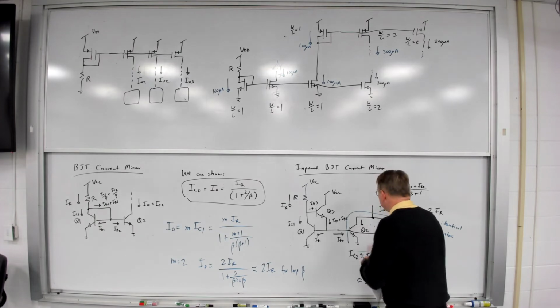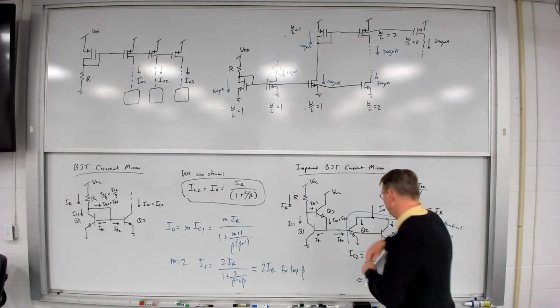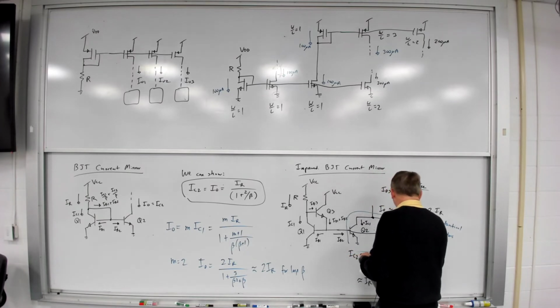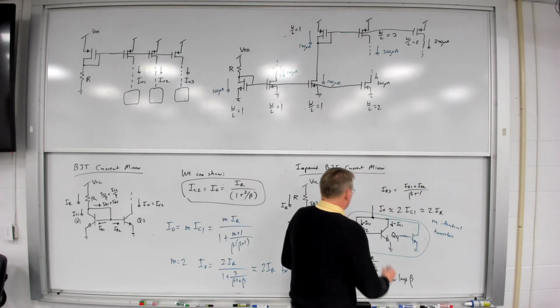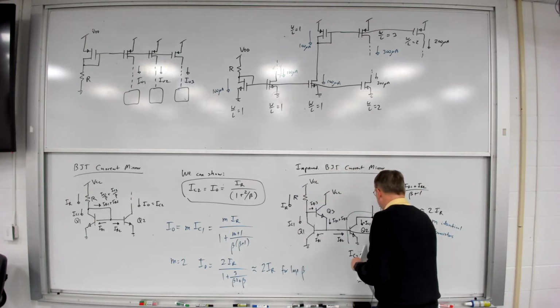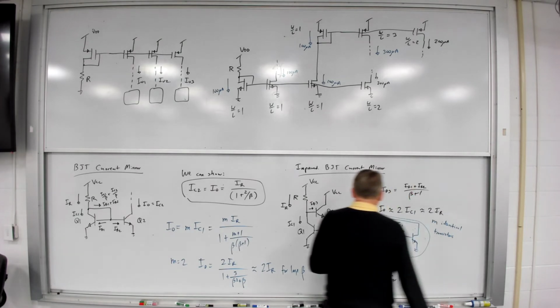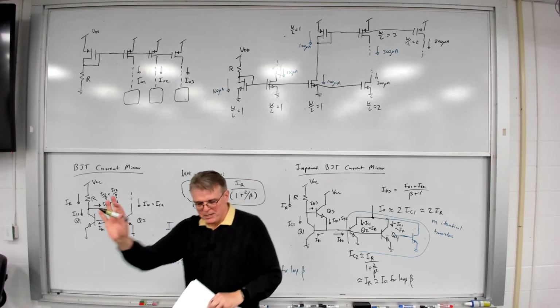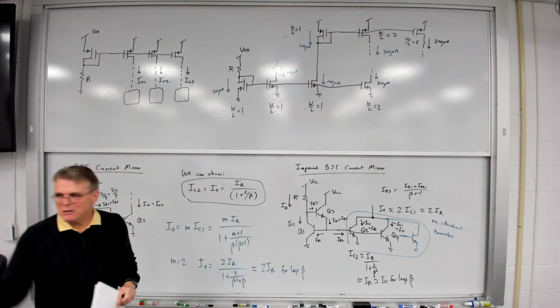I was thinking of I sub O from the first circuit. So this is approximately IC1 for each of these, which of course is approximately IR for large beta. There we go. And I sub 0 is then equal to that value there. So yes, thank you very much. Bad nomenclature on my part.